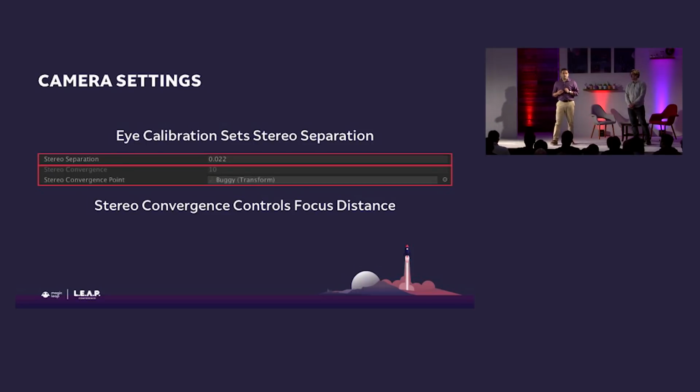One thing I want to point out here is by default, we use the eye calibration data to decide which depth plane is used for rendering. But if that fails for some reason, we use the app supplied value of stereo convergence distance here. And the stereo convergence point is just a convenient way of calculating the focus distance by setting the game object that the user might be focusing on.